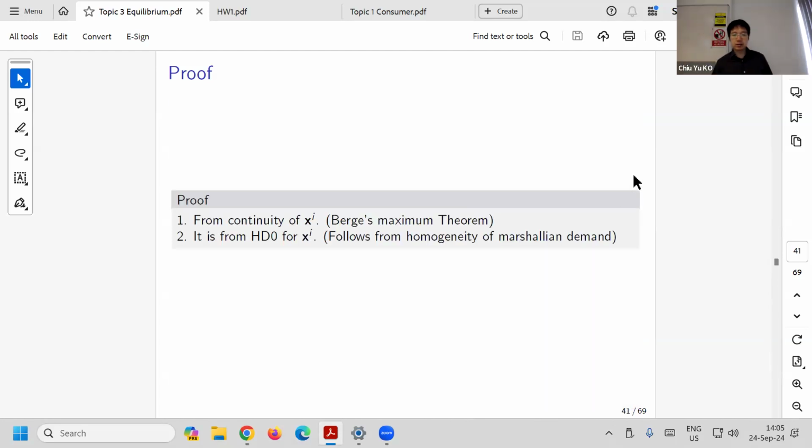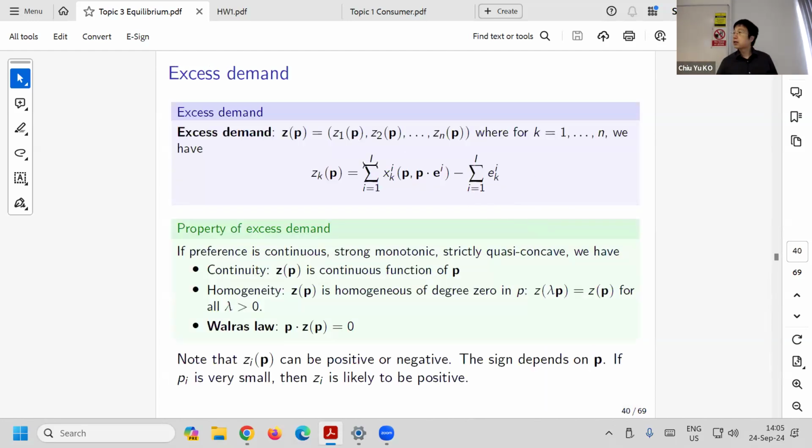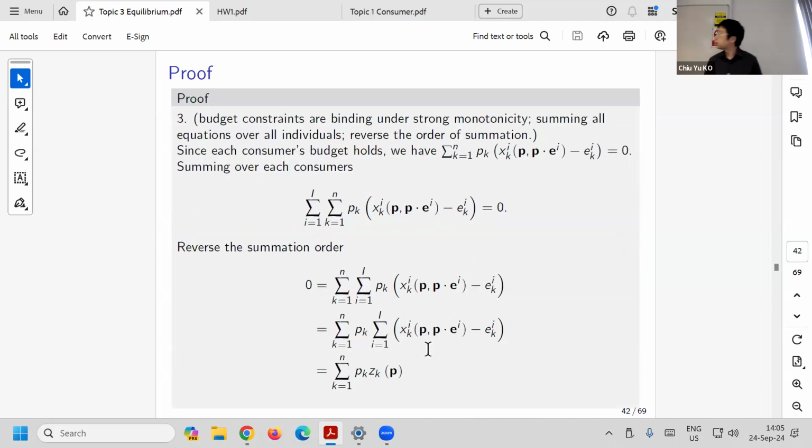How do we define that? This guy: add up everyone's demand on good K, minus the sum collection of what we have. Good K, add up all people's demand. Good K, add up what everyone has. This is excess demand. This is 0. So the value of excess demand is 0. So P dot Z is 0.